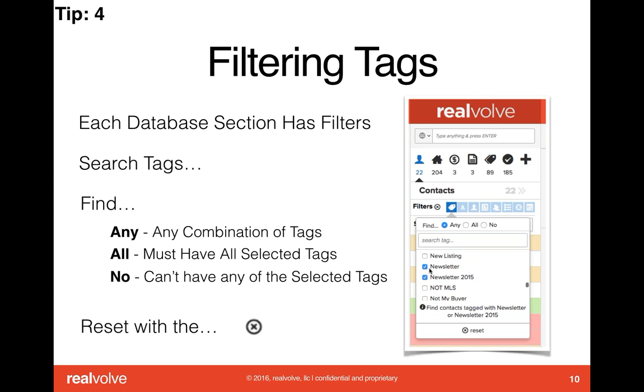I could choose the newsletter, and then I could select Chamber of Commerce and use the all. That means it's only going to go to those people that are selected with newsletter and Chamber of Commerce. So make sure you understand that with the all, people have to have all the selected tags in order for them to qualify for the list.